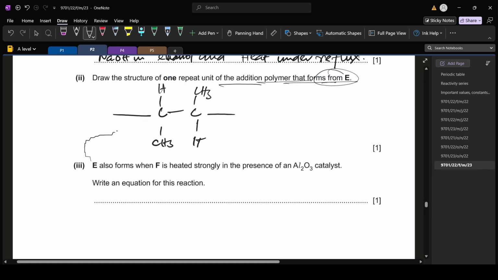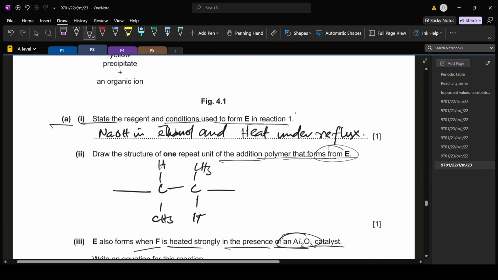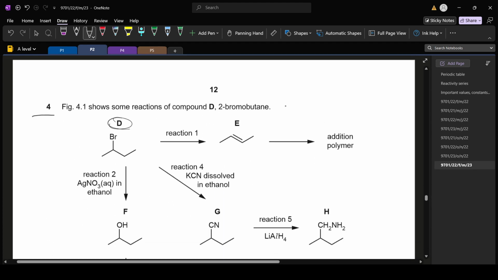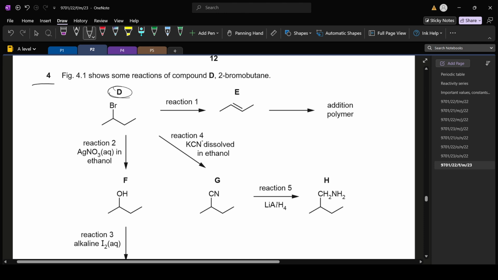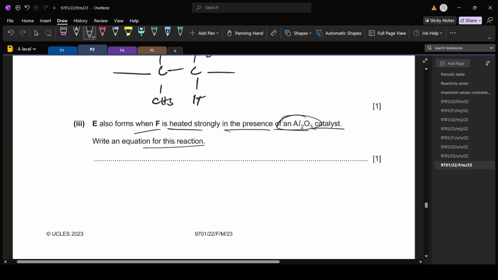Now E also forms when F is heated strongly in the presence of an aluminum oxide catalyst. This is E. E is also formed when F is reacted with aluminum oxide. Write an equation for this reaction.